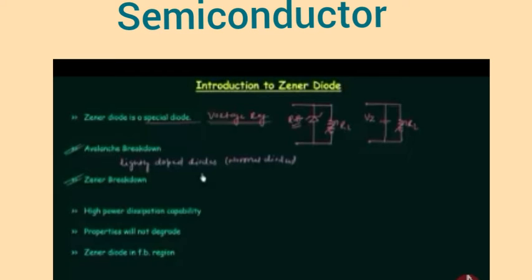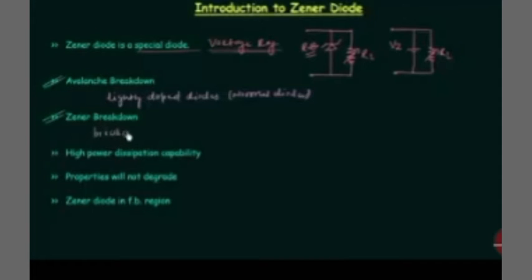In the case of Zener breakdown, the breakdown voltage is achieved much earlier in a Zener diode.